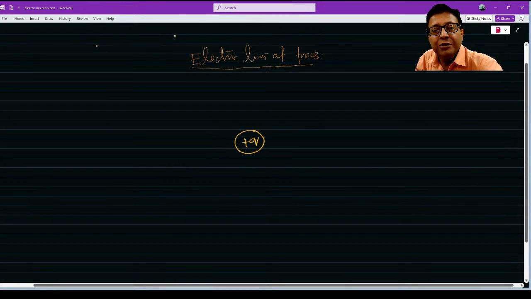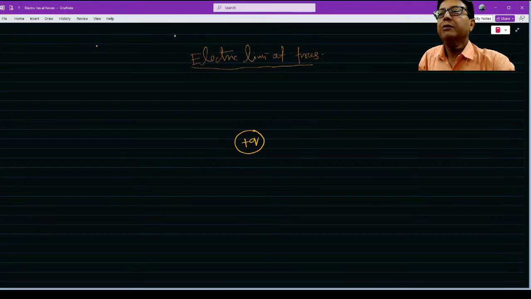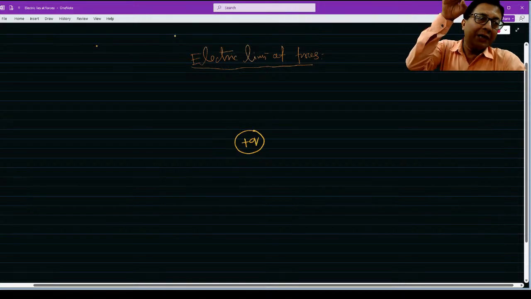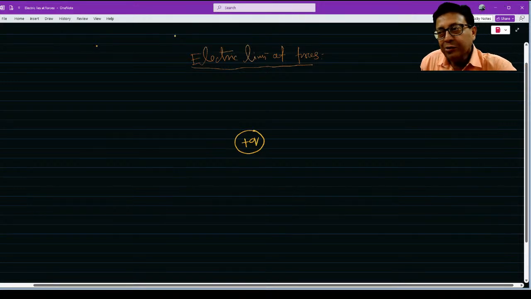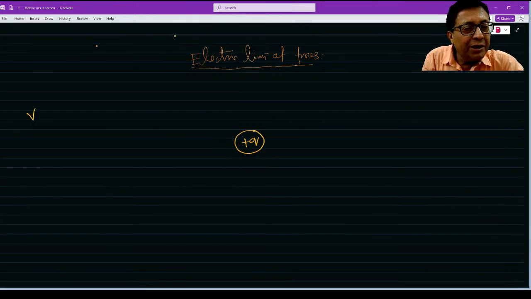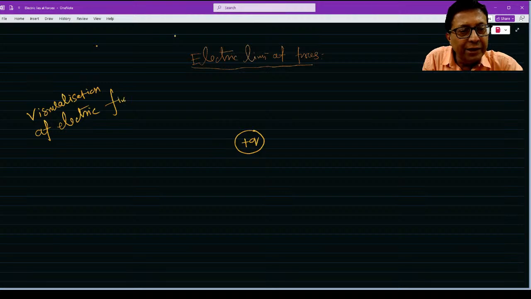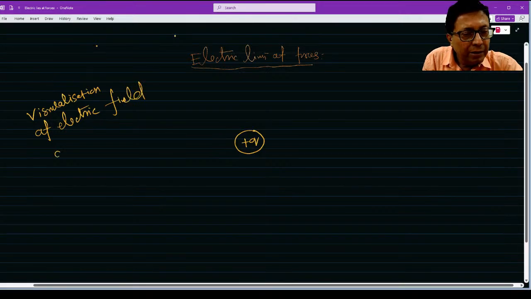You know, the strength of electric field changes, isn't it? We want to visualize the electric field, which means we want to visualize the direction as well as the magnitude. So this chapter is basically visualization of electric field at a point.